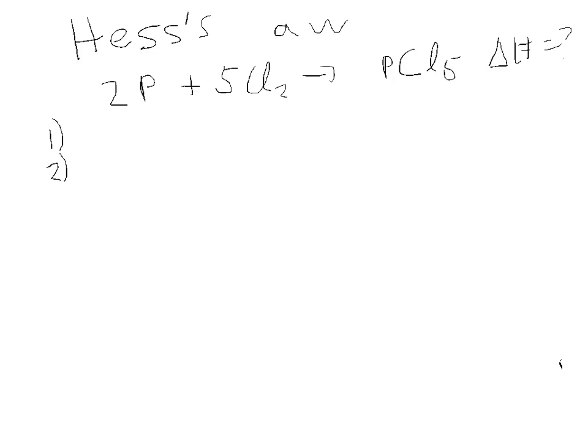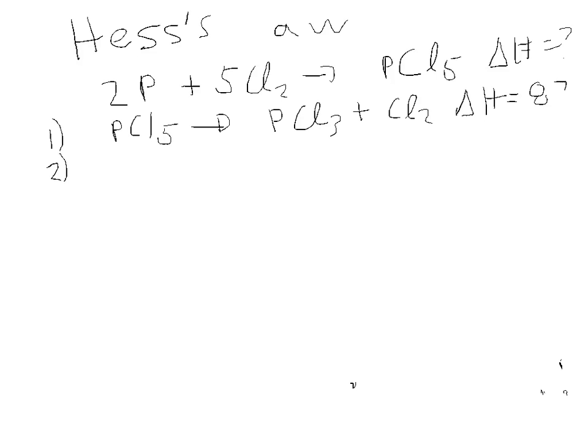In this case, you're going to be given one equation in which PCl5 reacts to break down into PCl3 and Cl2, and you know the amount of energy for this reaction is 87.9 kilojoules.